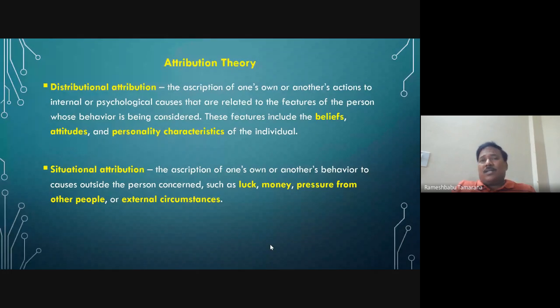And if he is buying some things, we say that he has money. Or if something is done very wrong, probably we say that others might have pressured him to do that. So usually our tendency is to ascribe the behavior not to the individual, but to external factors. This is how we see the causes of any individual's behavior.